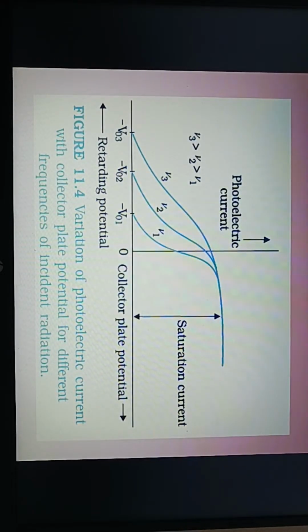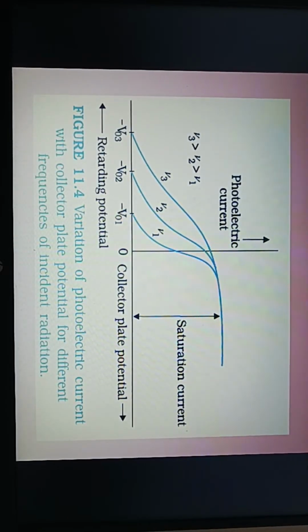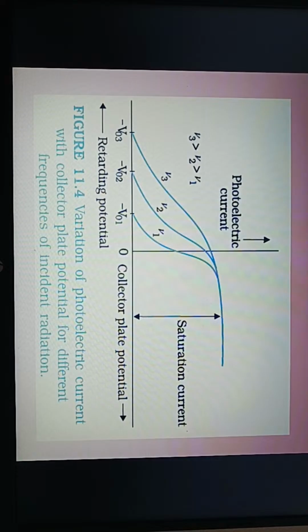To stop such energy, we need more potential. Is it not on the positive end? If electrons are coming with great energy, you need to stop them. More negative potential is required. Isn't that correct or wrong? Yes, sir, more potential. So what will you get?